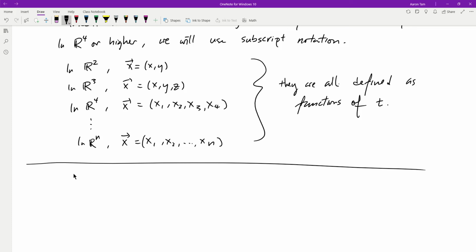Okay, so we call a first order differential equation can be written this way.